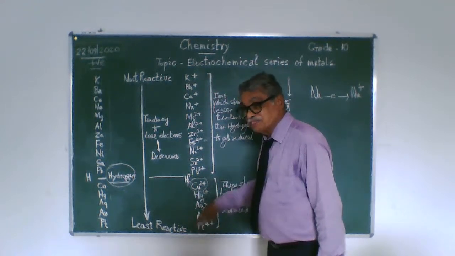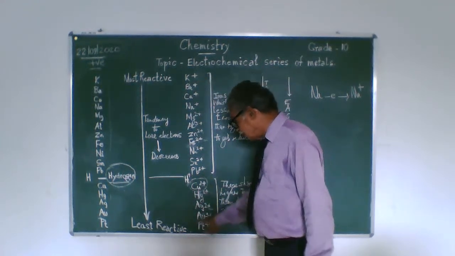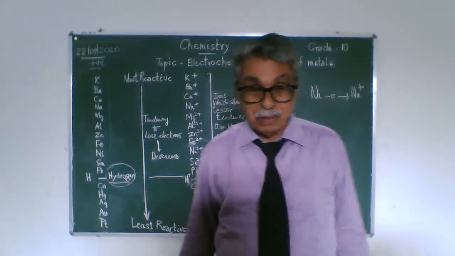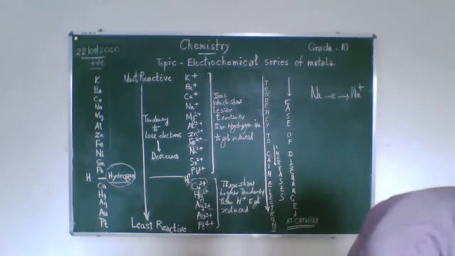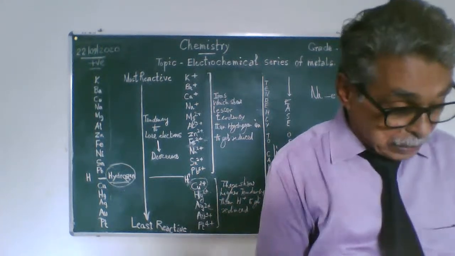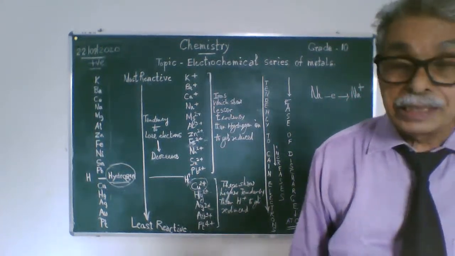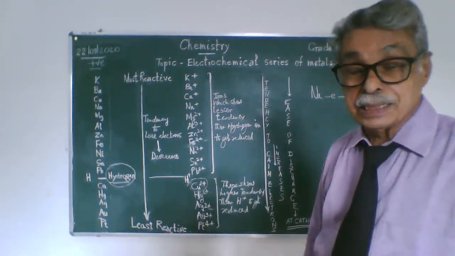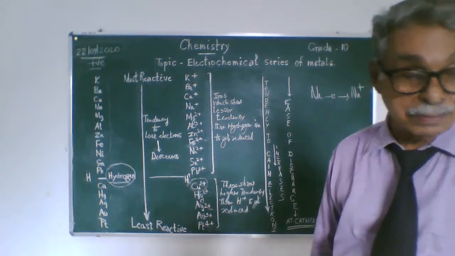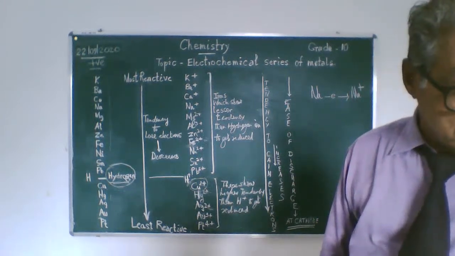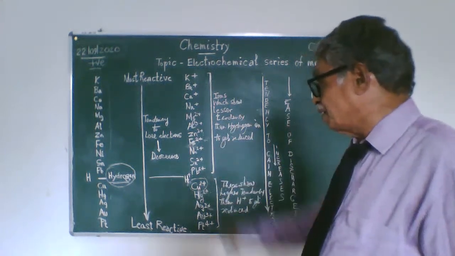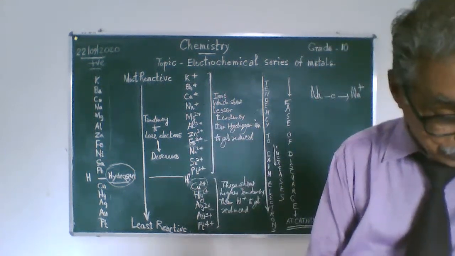These can displace metals from the salt solutions, the ones at higher positions. Please write down: a metal with a higher position in the series displaces the one with a lower position.